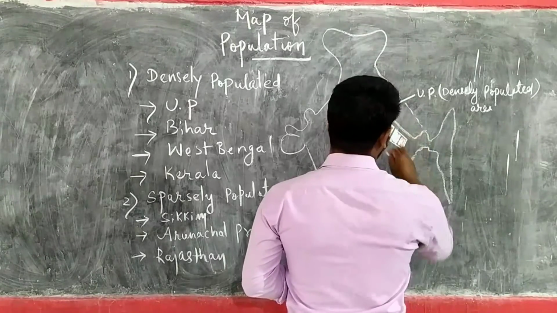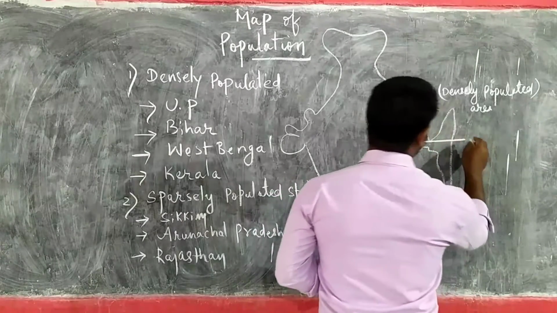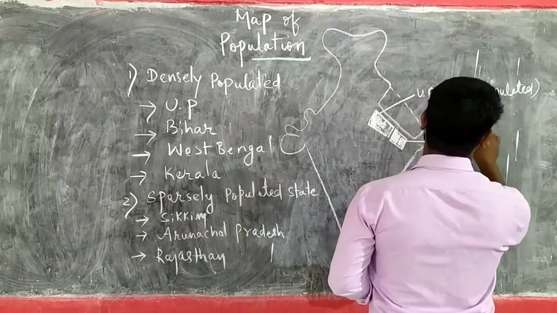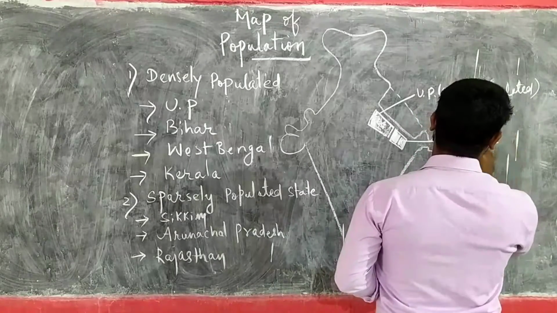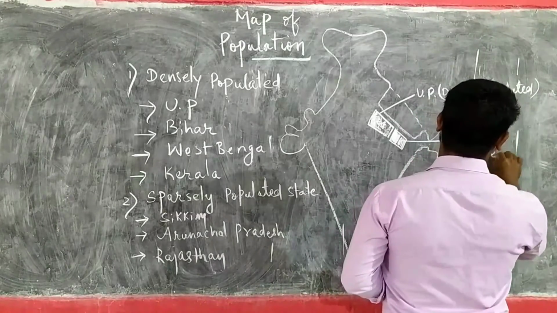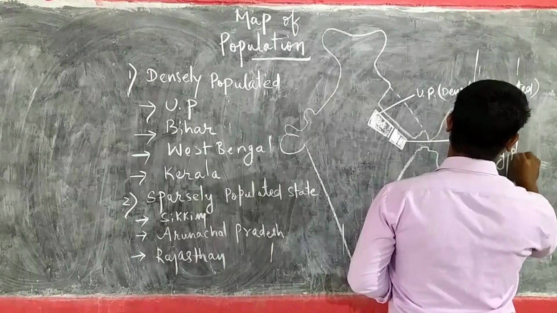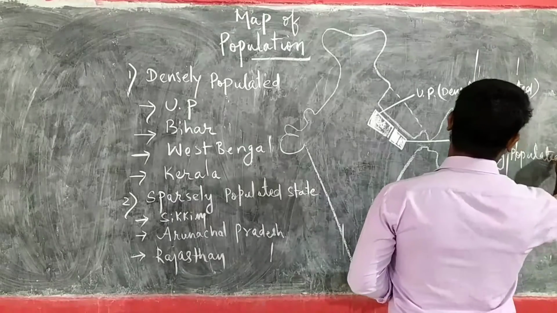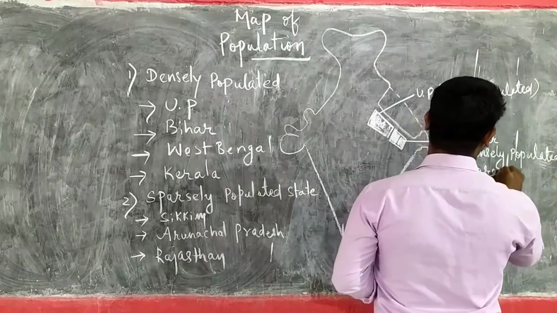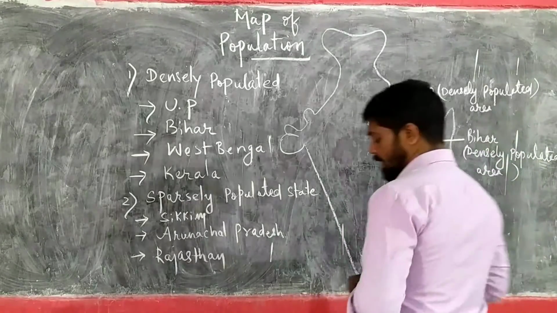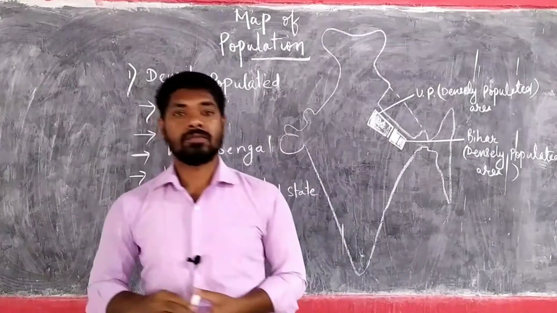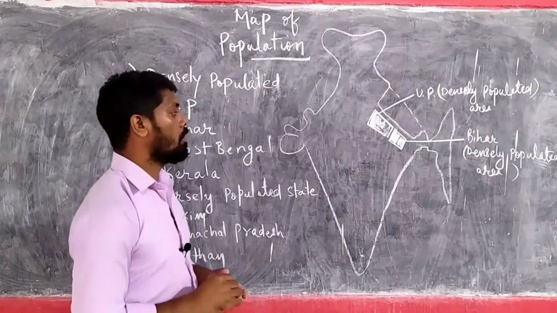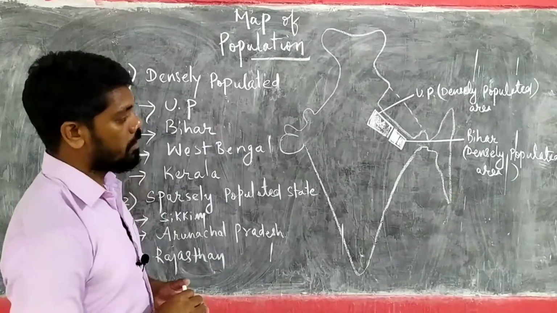So you can label and write Bihar densely populated. Don't forget to write this, densely populated area. This in brackets should be written, whether it is densely populated or not densely populated.